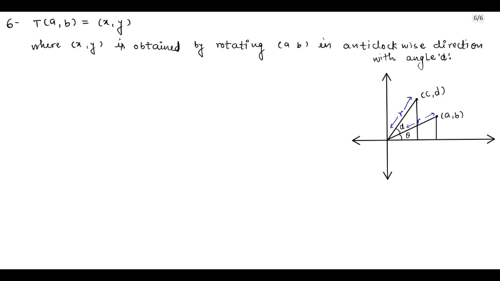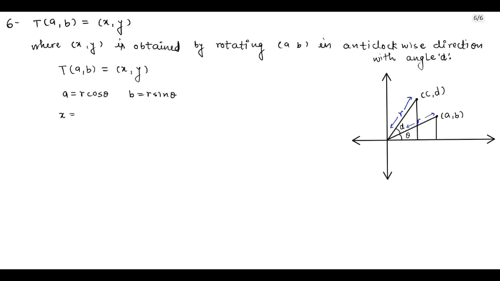Now we let T of (a, b) be equal to (x, y). We assume that a is equal to r cos theta and b is equal to r sin theta. Then what are x and y?